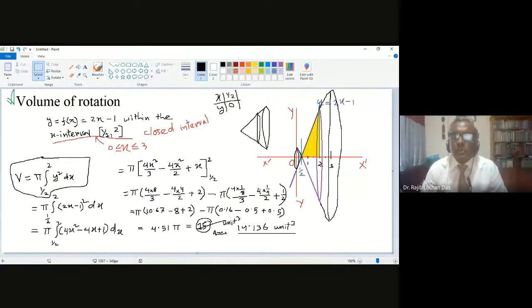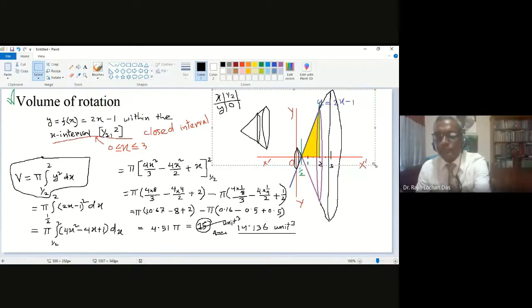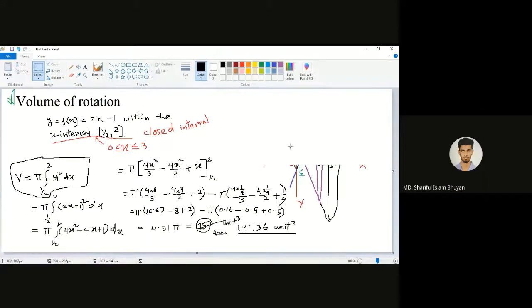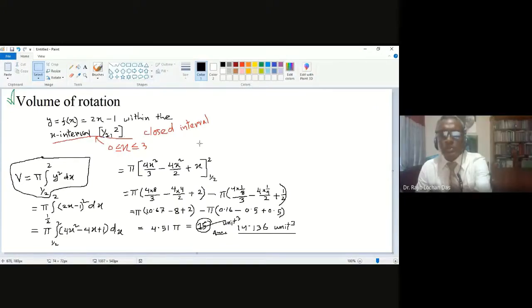Now think, is that okay? Do you understand? The volume concept is okay. If we put y-axis as a middle, then what is it? I could not understand your question.